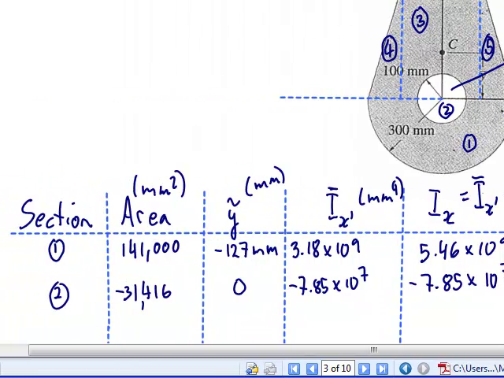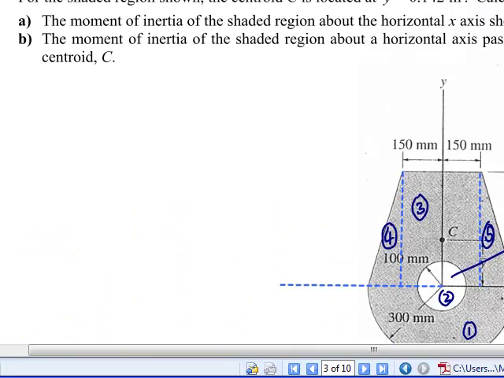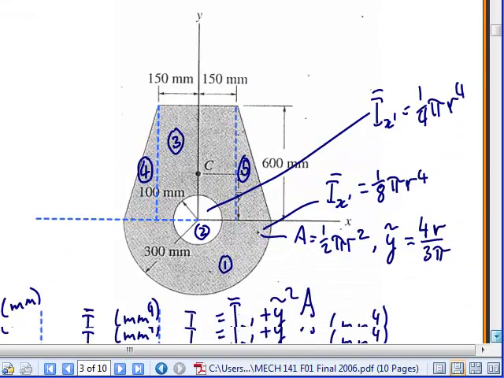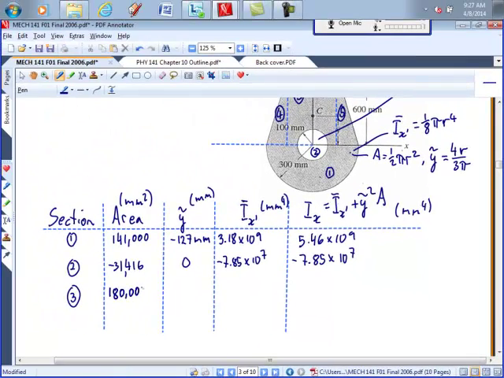Okay, area 3. Area 3 is a rectangle. The rectangle has width of 300 millimeters and height of 600 millimeters. So the area is 1.8 times 10 to the 5, or 180,000 millimeters squared. Its y tilde is going to be at half of the height of the rectangle.